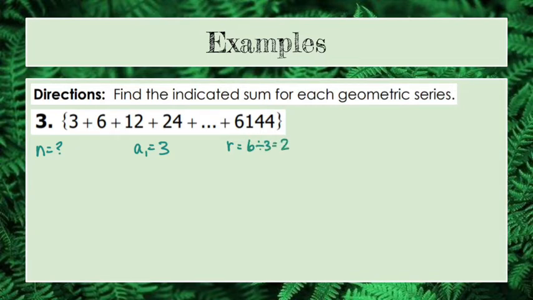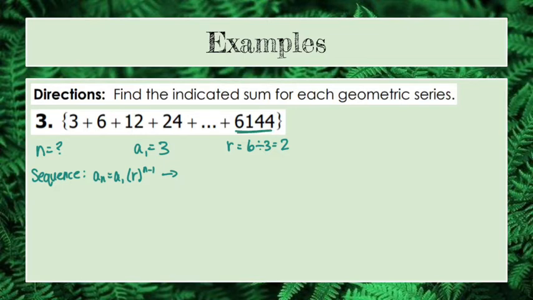What we can do is use the sequence formula to find n. And to do that, we want to use a sub n equals A1 times r to the n minus 1 power. So we know everything in this equation except for the value of n.